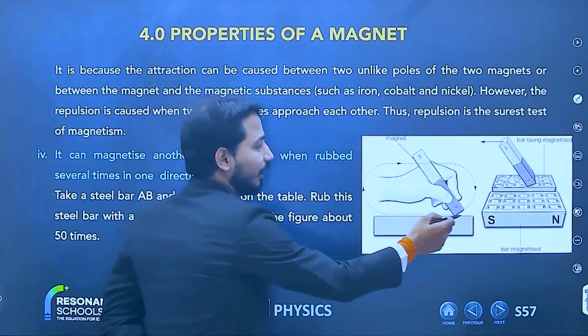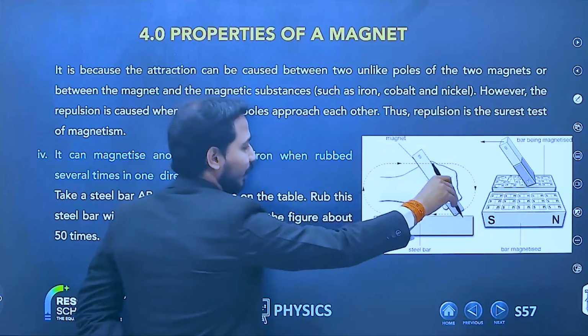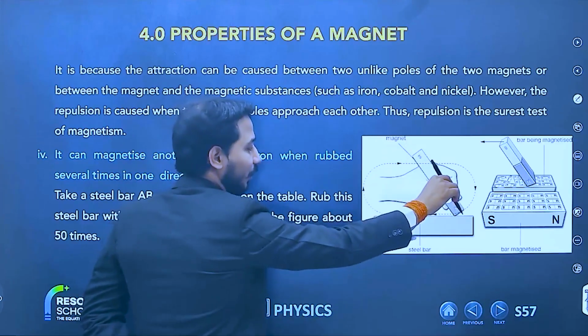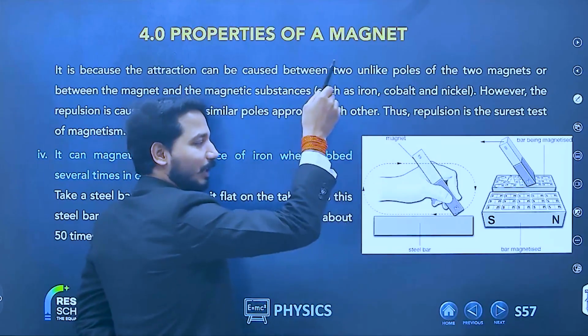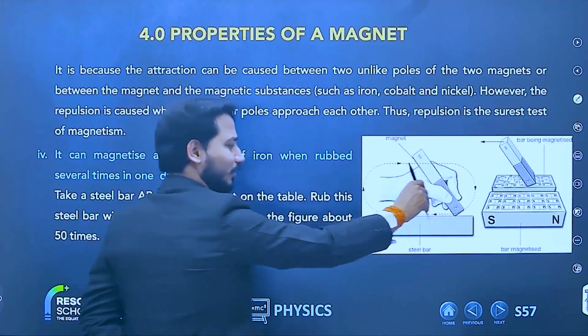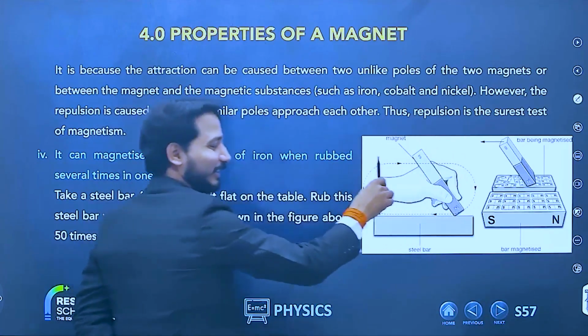From one side only, it is rubbed several times in one direction, meaning keeping it on the steel bar or the iron bar, dragging it to the end, picking it up, then keeping it here again, dragging it, and taking it up.